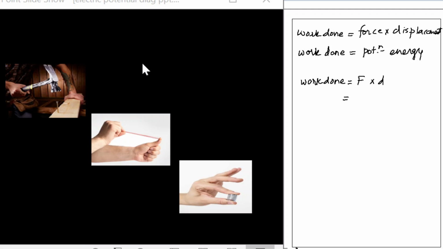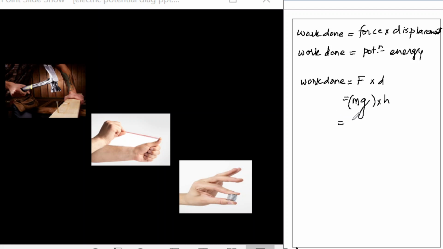Force is against the acceleration due to gravity, so it is mass into acceleration, here m into g, and whatever displacement is there is nothing but the height, from this to this it will displace, so into height h.